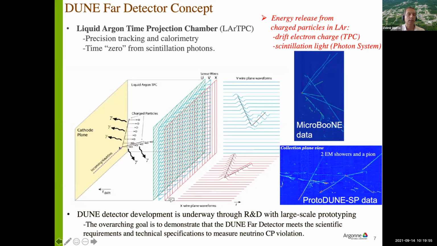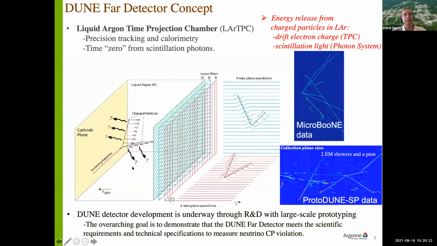Once you get a neutrino interaction, the energy will be converted into charged particles, and they will propagate. The electrons from ionization will be propagated to the anode, and the anode will collect the signals from this propagation. Ultimately, you'll be able to project the tracks from these interactions.